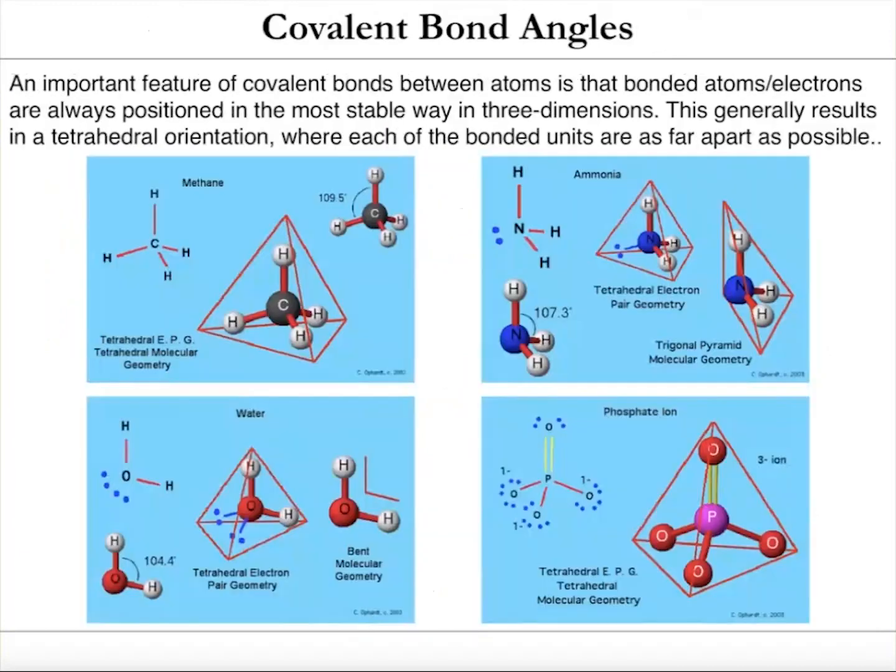Now, one more little caveat when we're talking about covalent bonds between molecules. So we've been depicting them as sort of planar groups. So we talked about methane before, and we sort of just drew it like this. So carbon bound to 4 hydrogens.